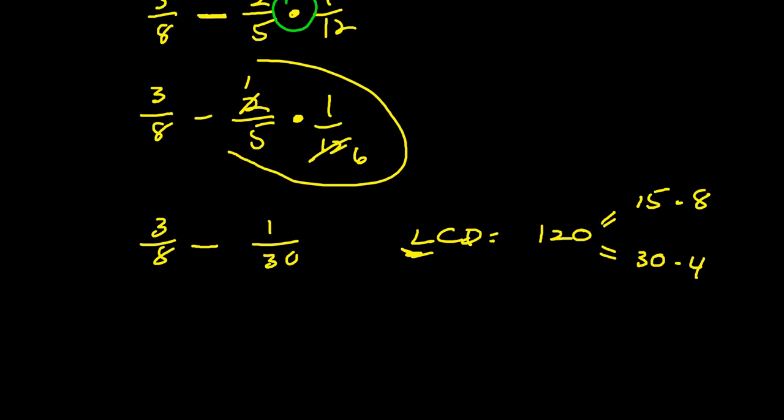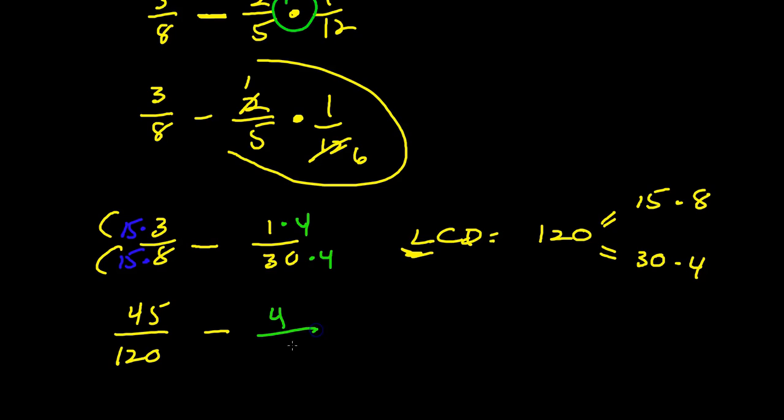All right, I'm going to multiply top and bottom of this first fraction by 15. I want to get a 120 as a common denominator, right? 15 times 8 is 120, of course. 15 times 3 upstairs is going to be 45. Minus, and of course in the second fraction I'm going to multiply top and bottom by 4.